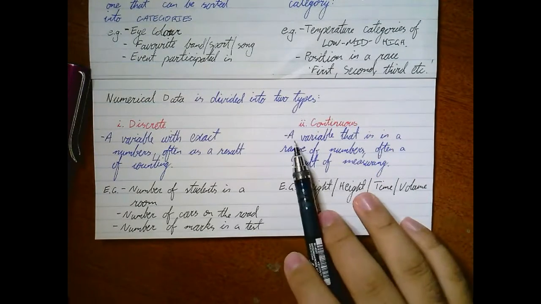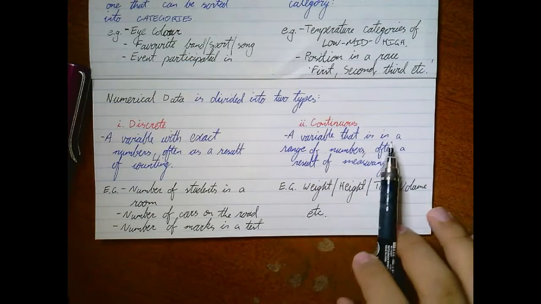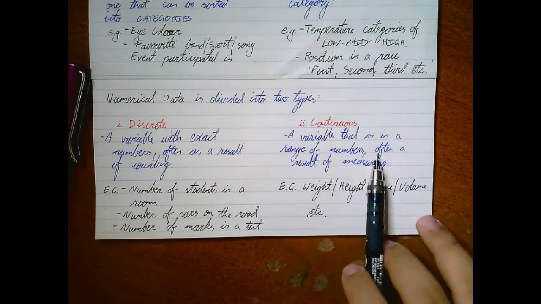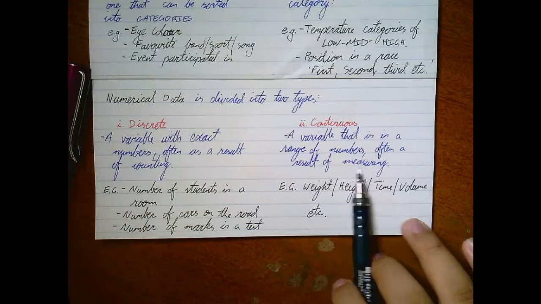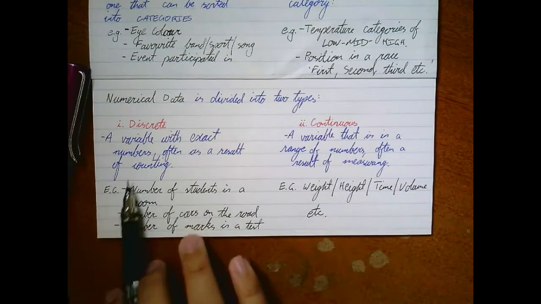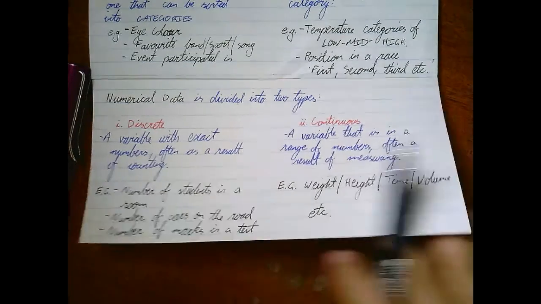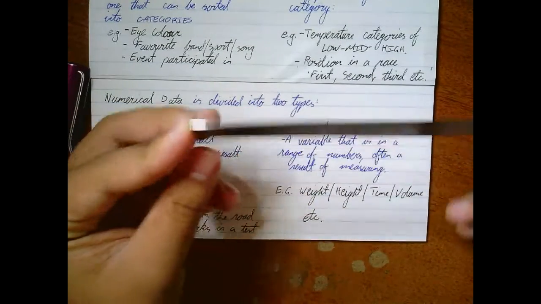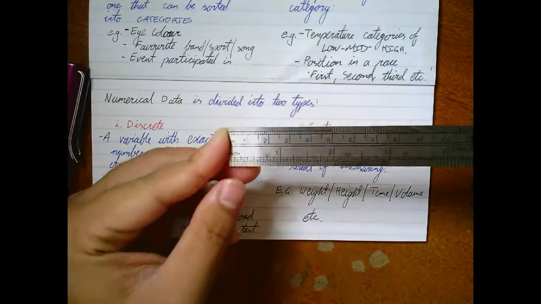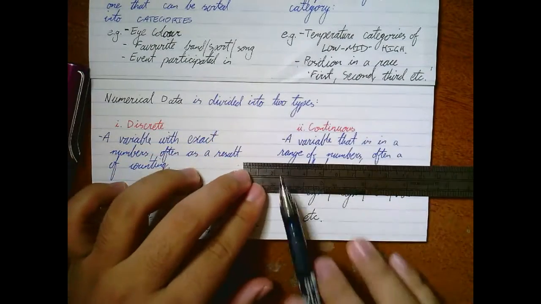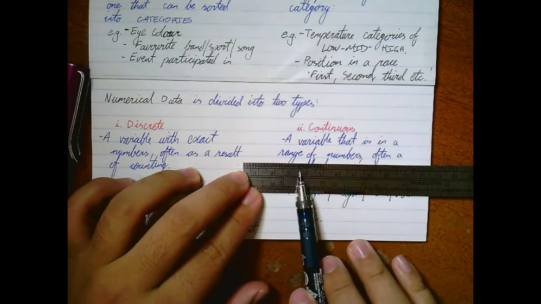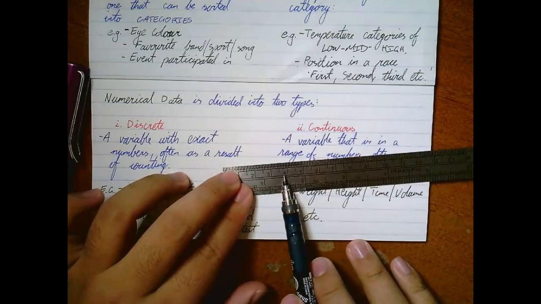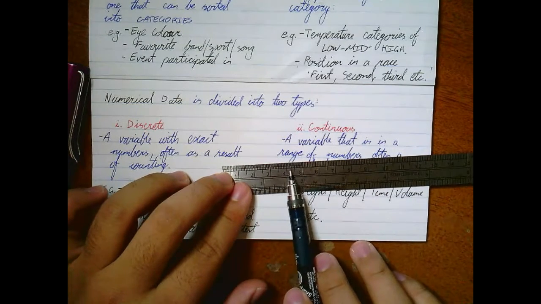It's a variable that is in a range of numbers, often a result of measuring, not to be confused with counting. Take, for example, if I were to take this ruler and start measuring the length of a string, I could get 3.5 centimeters. I could get 4.2.